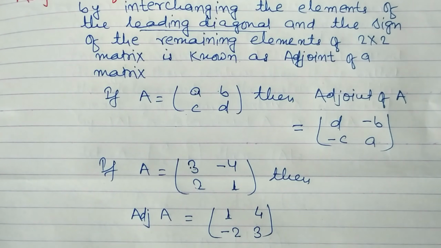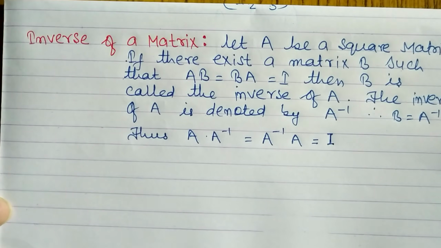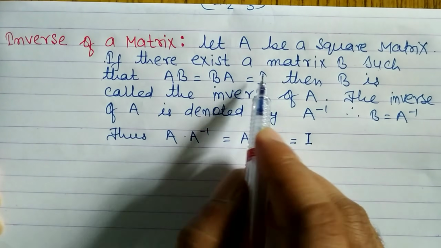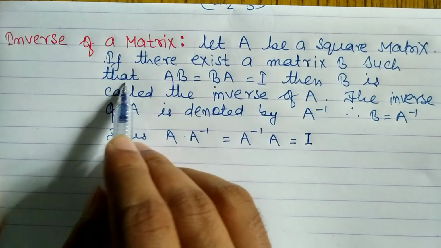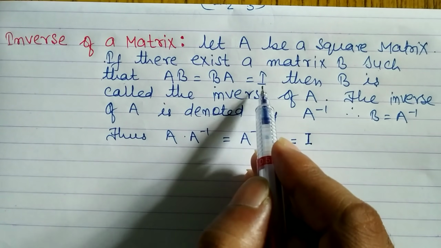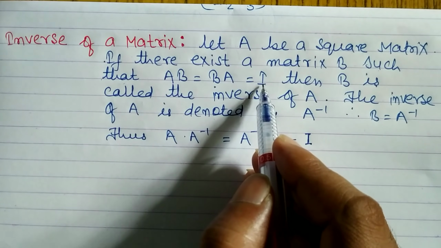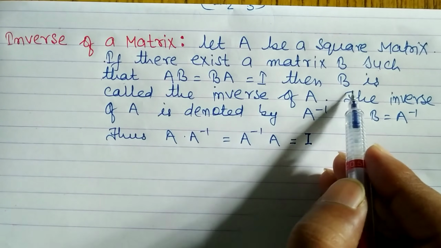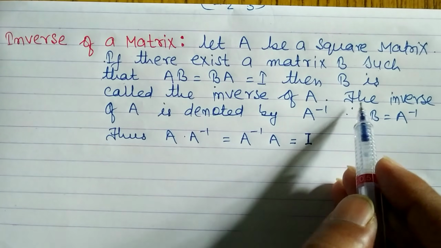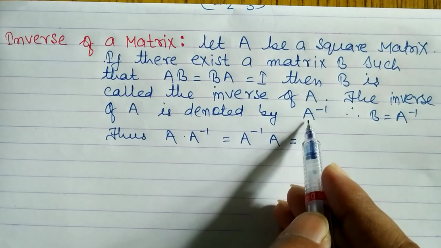Now look at the next, inverse of a matrix. Let A be a square matrix. If there exists a matrix B such that AB is equal to BA is equal to I, meaning the identity matrix, whose value is 1 0 0 1, then B is called the inverse of A. The inverse of A is denoted by A inverse.